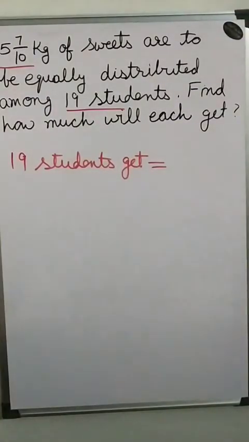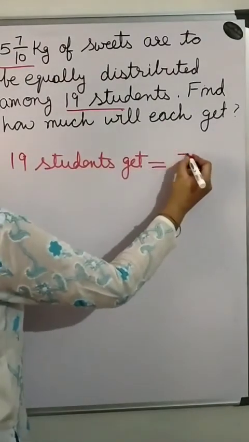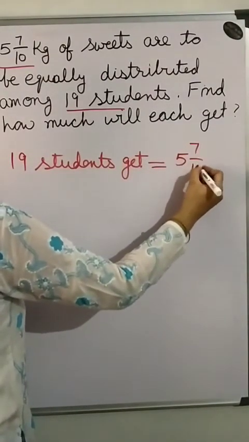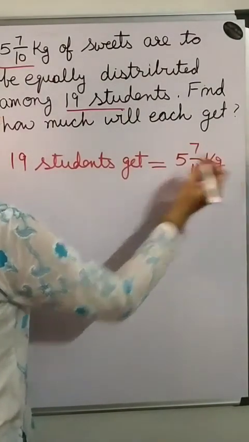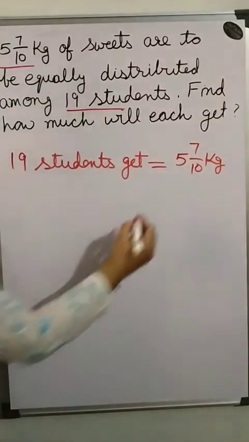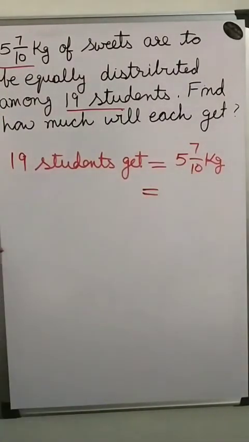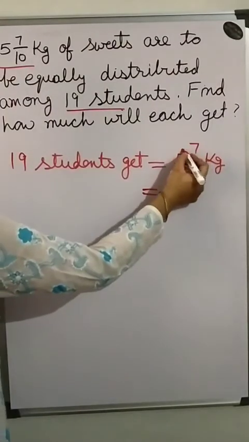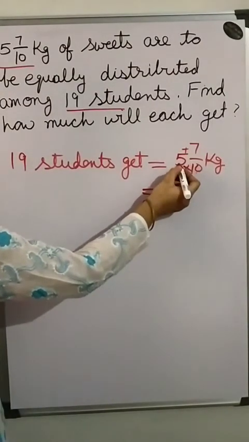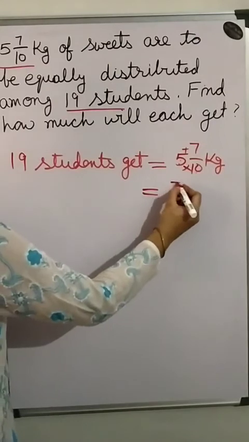So the 19 students get 5, 7 upon 10 kg sweets. What we do? We convert this one into an improper fraction. So multiply, then add. 10 into 5, 50. 50 plus 7 is equal to 57.